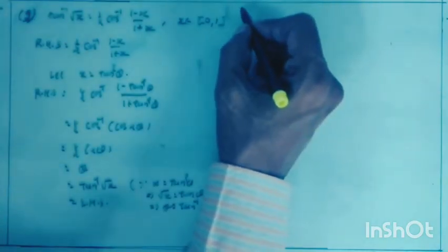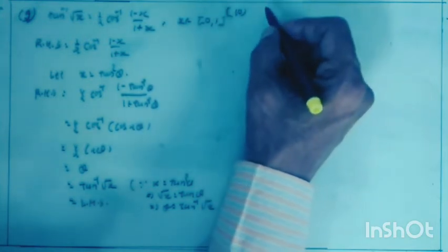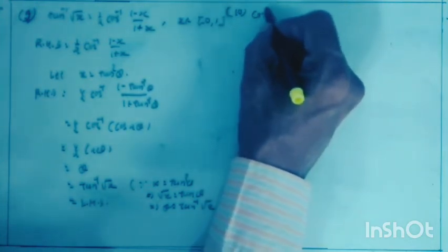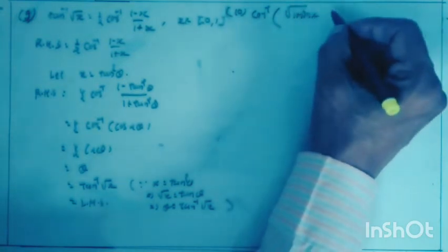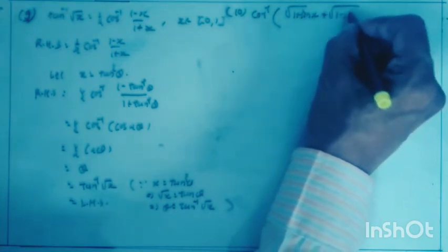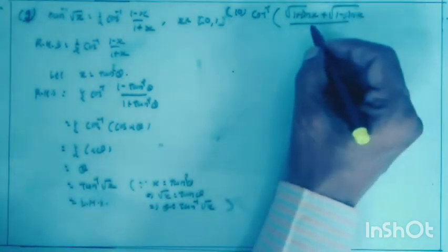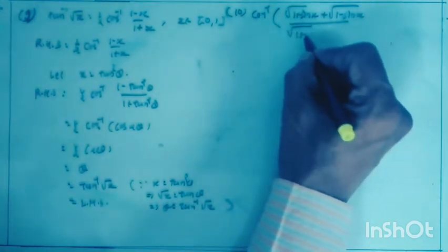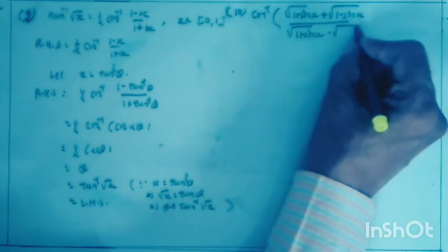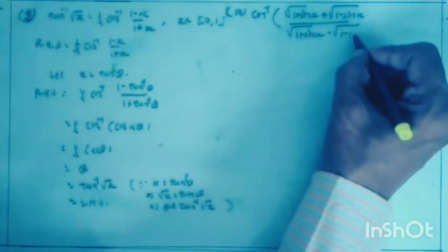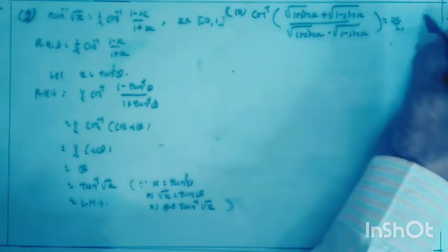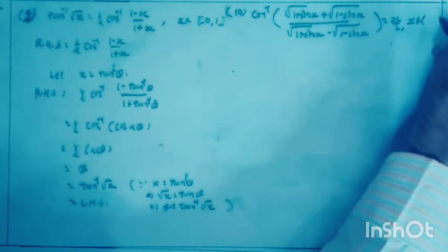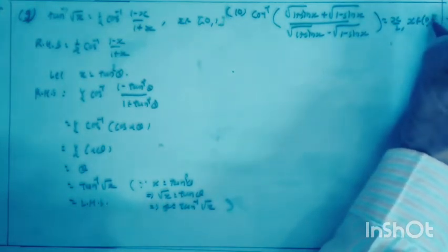Now next question, question number 10. Prove that cot inverse of root of 1 plus sin x plus root of 1 minus sin x upon root of 1 plus sin x minus root of 1 minus sin x is equal to x by 2, x belongs to open interval 0 to pi by 4.